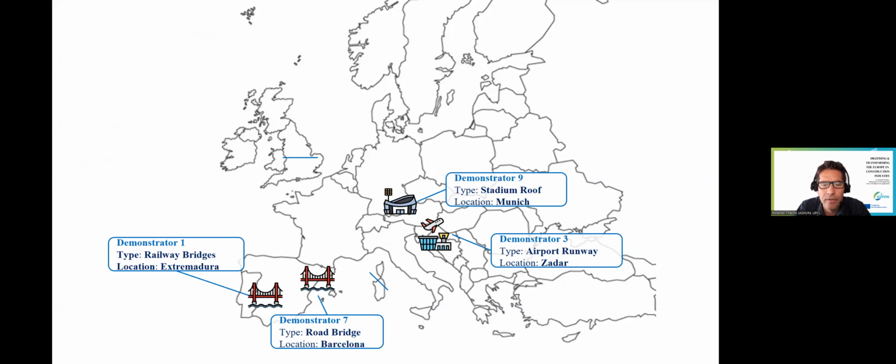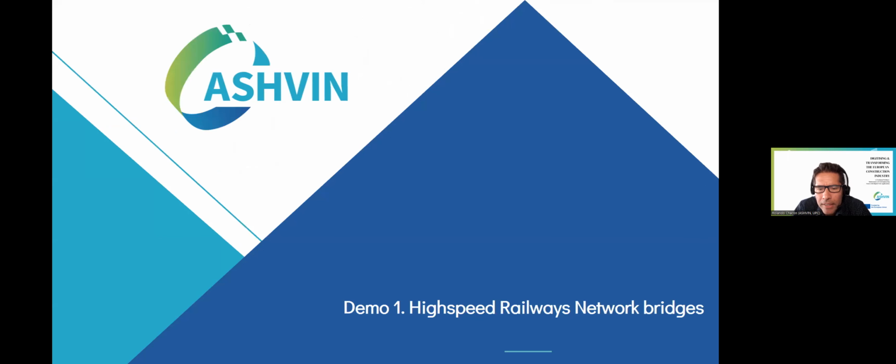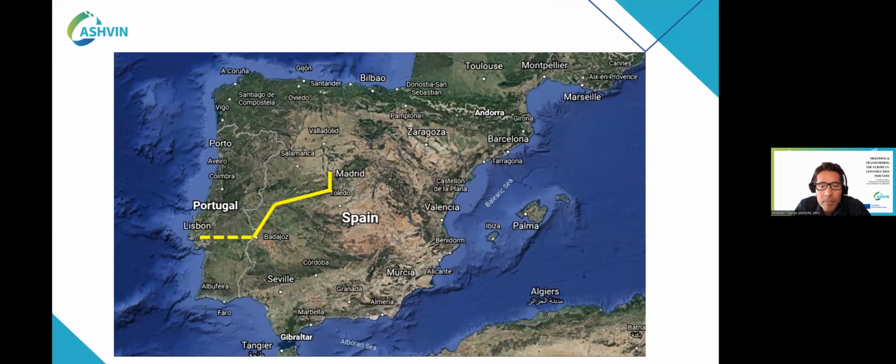to Spain and to the realm of bridges. We begin this presentation with demo number 1, which is high-speed railway network bridges in Spain. You can see here the map of Spain, in which there is a yellow line showing the newly built high-speed railway network between Madrid and the Portuguese border.